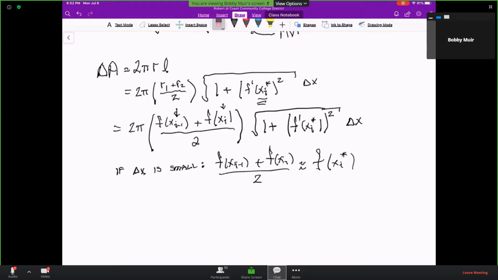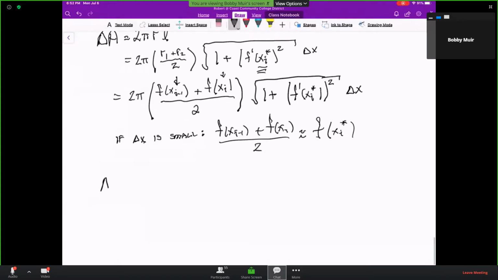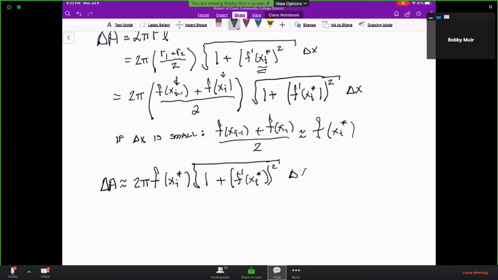So our delta A, our little bit of area, is then going to be approximately 2 pi f of xi star, times the square root of 1 plus f prime of xi star squared, delta x.